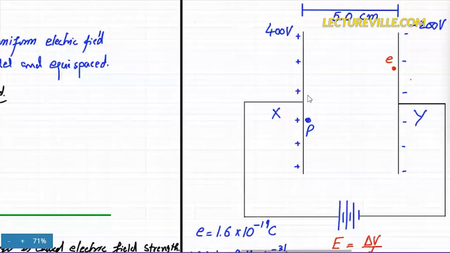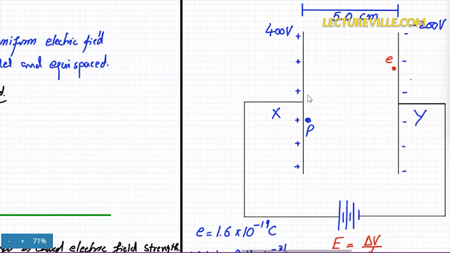The distance it travels is 0.05. Acceleration with which it is moving is 2.11 into 10 to the power 15. And final velocity is what we are looking for. So can you use that formula to find the value of v?